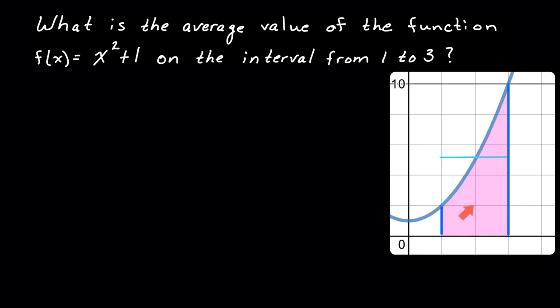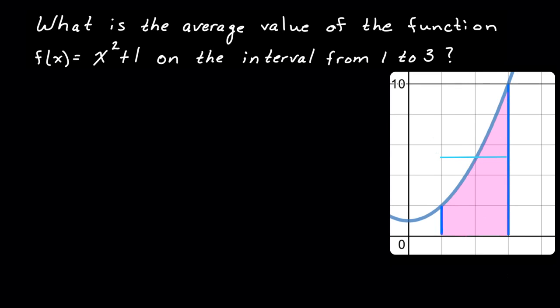Again, because when the top of the rectangle was here, that was an underestimate. Over here was an overestimate. And so if this is an under and an over, then somewhere in between has to be the exact area between the curve and the x-axis. So I'm just putting it right here.